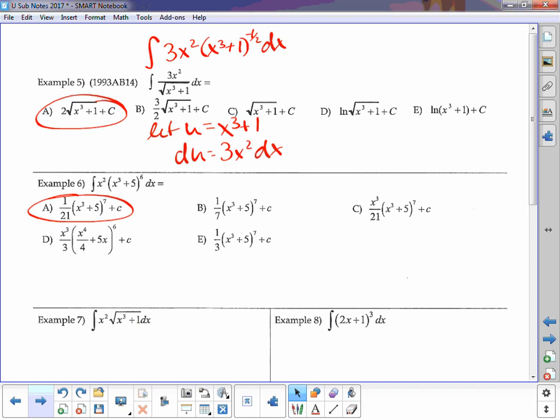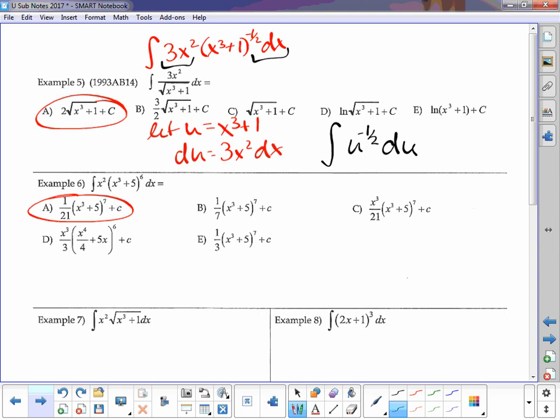Okay. And thankfully, all of that was here. So when I rewrote my integral, I had then just u to the negative 1/2 du. Right? Okay, so then when I did my antiderivative, that would be u to the positive 1/2 multiplied by your reciprocal, and then take your u and put it back in. Are we good with 5?